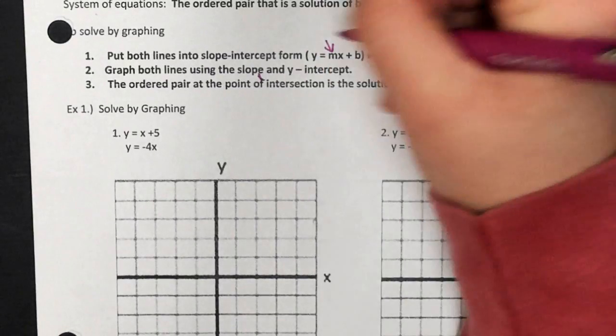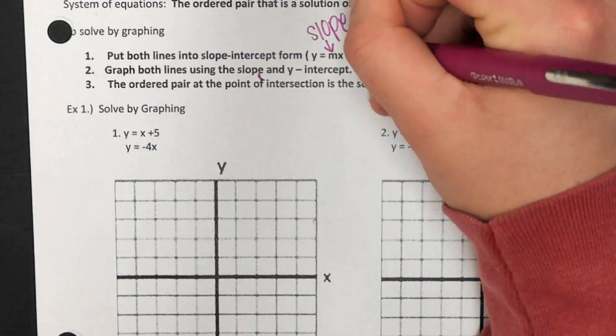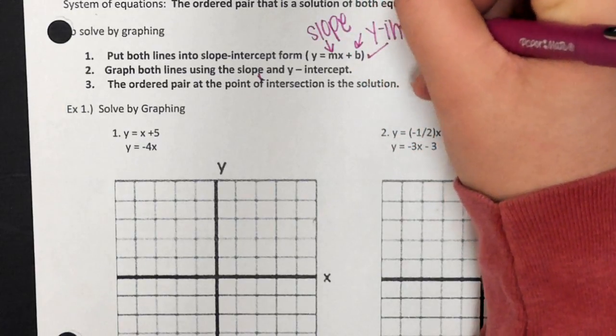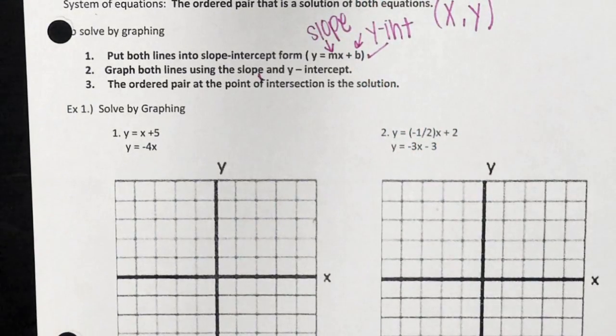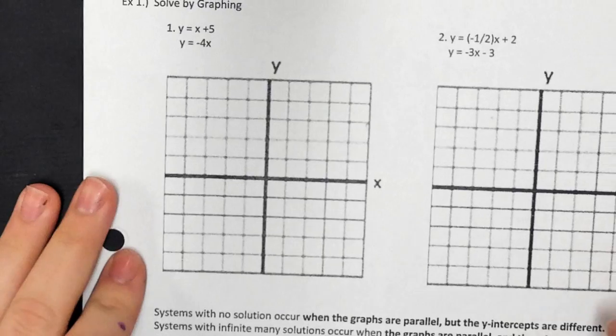So if you need a reminder, write slope for M and y-intercept for B. So wherever they intersect at one point is going to be the answer.